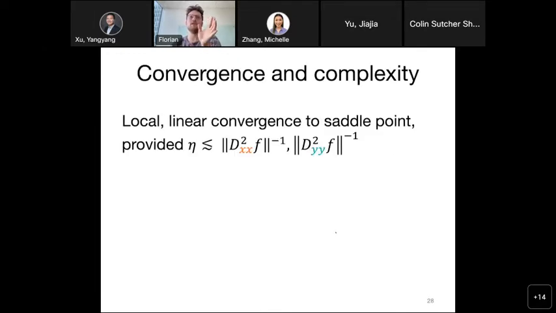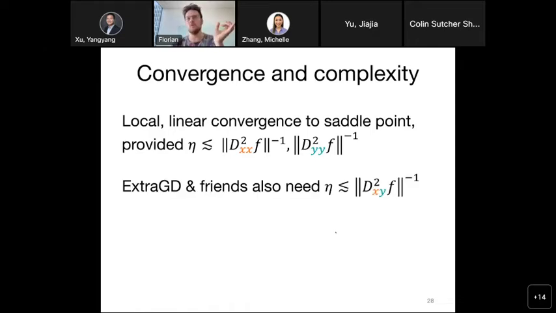Now, for the convergence, the main convergence result, which is not a very deep result, it's just basically Taylor expansion and then keeping track of terms, is that we can say that as long as the step size is smaller than the curvature in X or in Y, we have local convergence to saddle points.